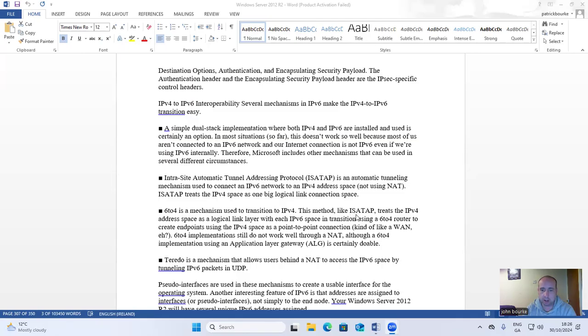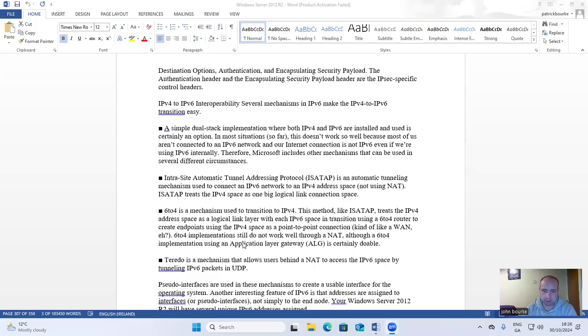This method, like ISATAP, treats the IPv4 address space as a logical link, with each IPv6 space in transition using a 6to4 router to create endpoints using the IPv4 space as a point-to-point connection, kind of like a WAN.